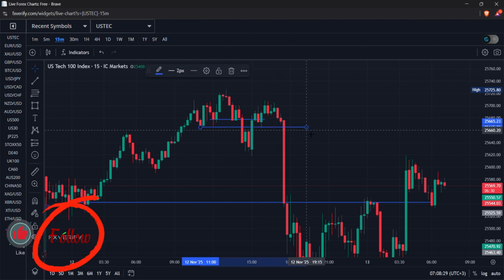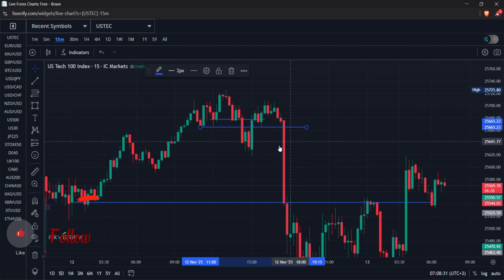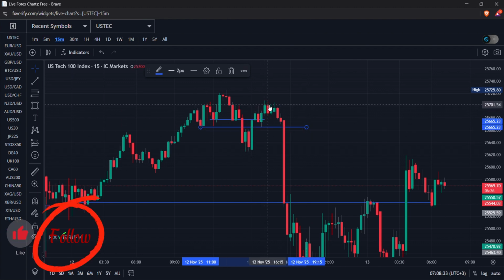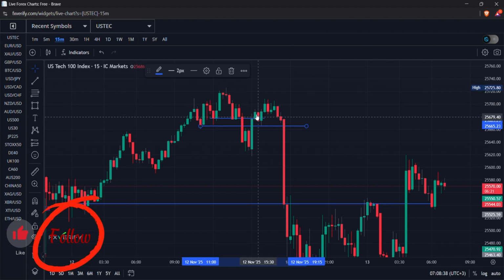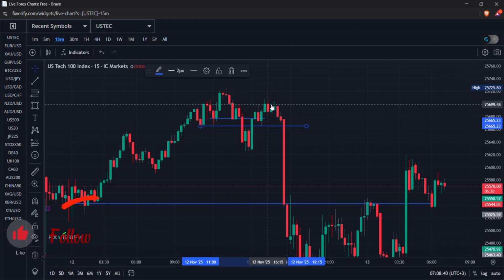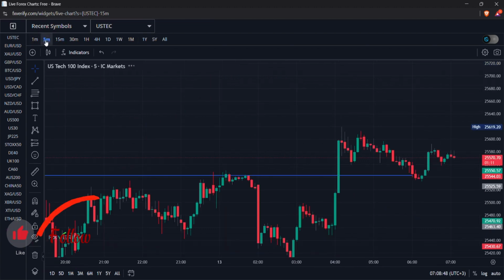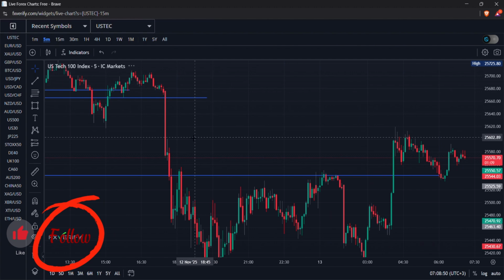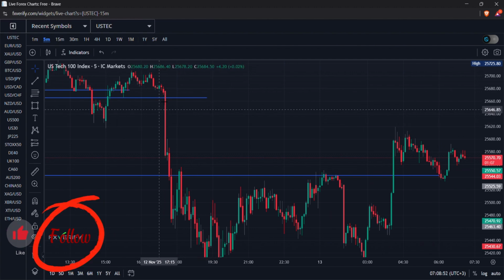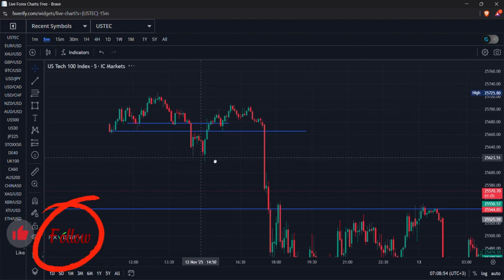You'll notice that the market rallied up a bit before the New York session opened, and when the New York session came, the market just dumped down. It didn't give guys any opportunity to enter, since when 9:30 clocked in, the market just started rallying down and down.